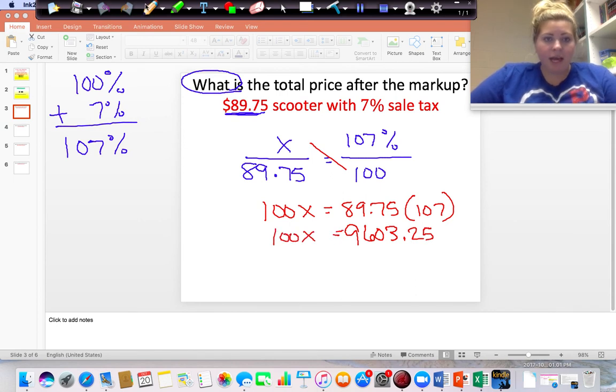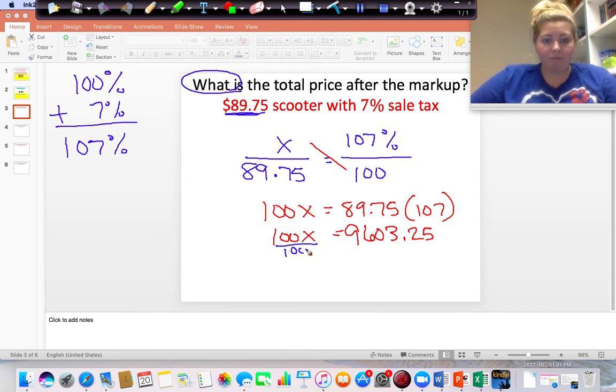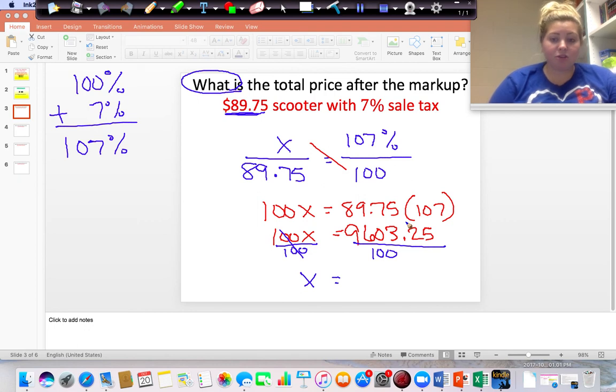To solve this, we want to divide both sides by 100. 100 divided by 100 cancels, and we're left with X is equal to 9,603.25 divided by 100.